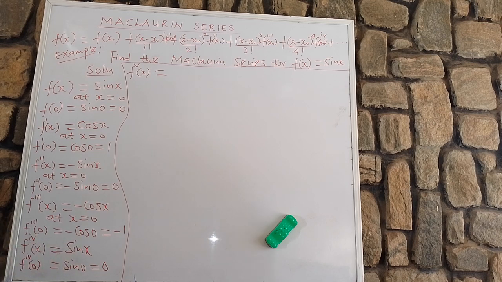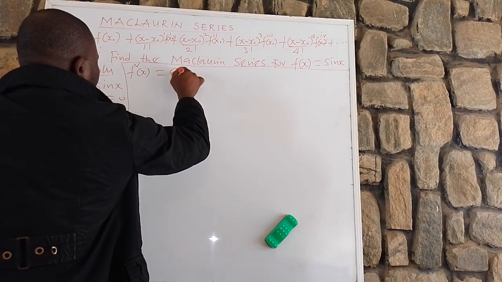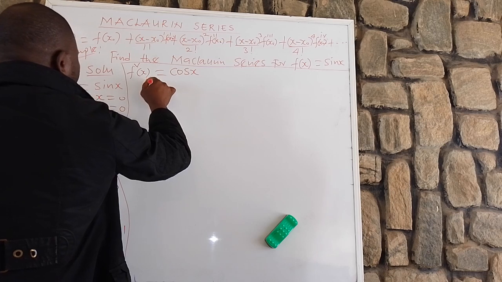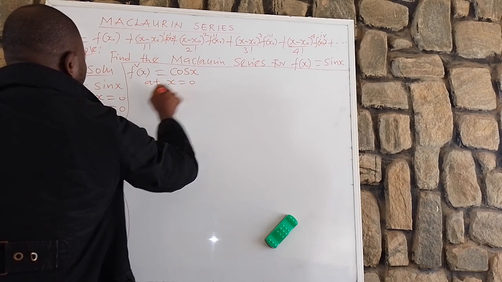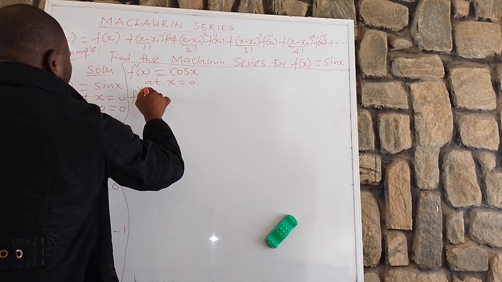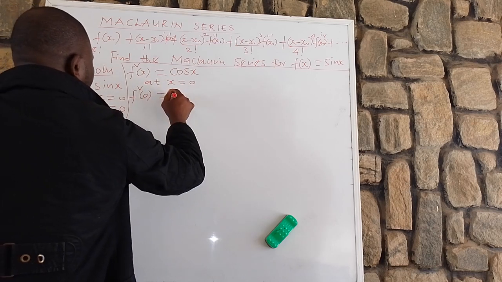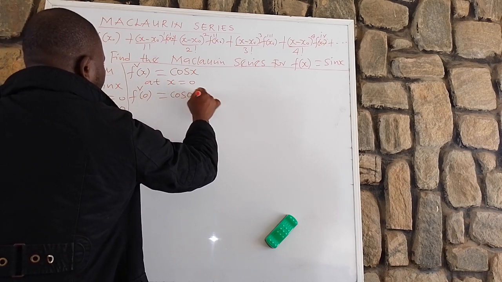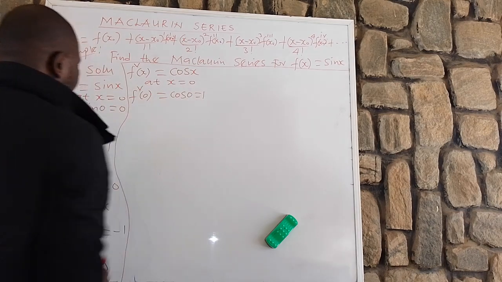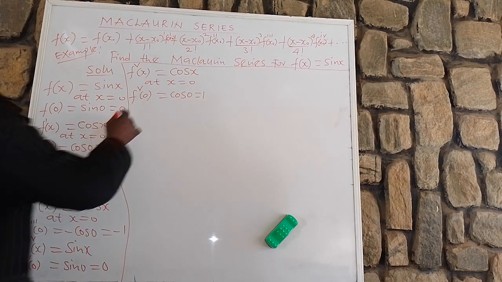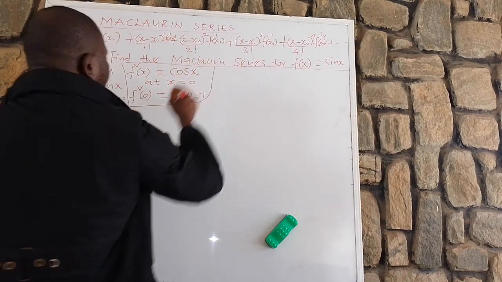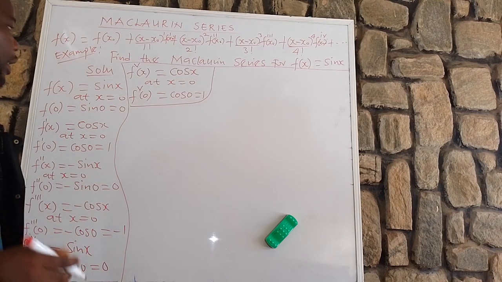If you differentiate sine x, you are going to have cos x, isn't it? Then at x equals 0, our f fifth derivative of 0 will now be equal to cos 0, which is equal to 1, isn't it?